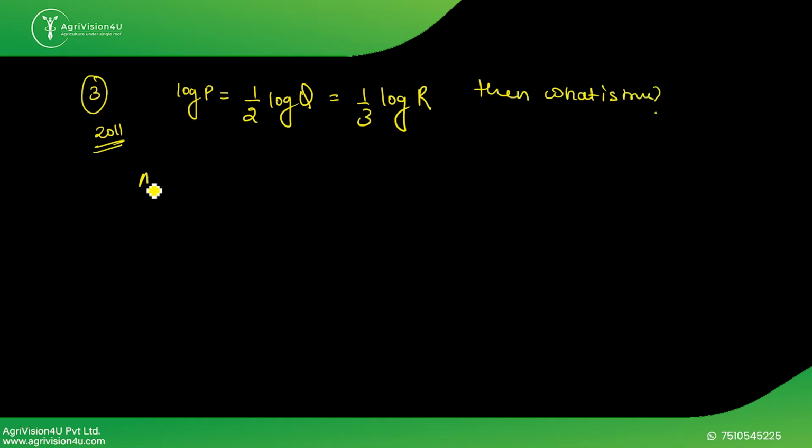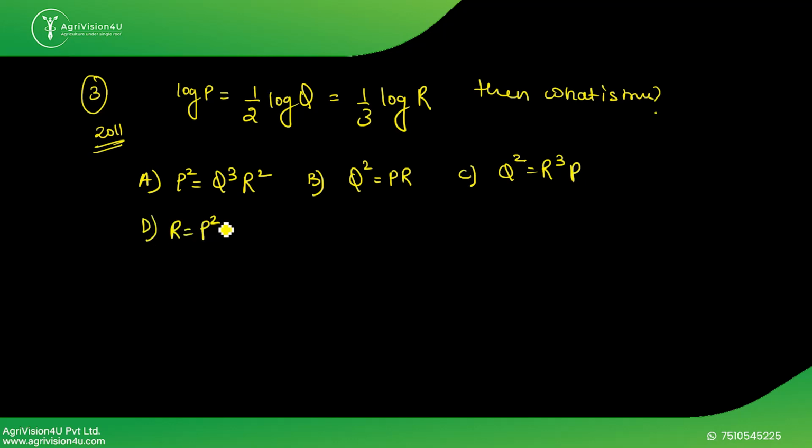Option A, P square is equal to Q cube R square. Option B, Q square is equal to PR. Option C, Q square is equal to RQP. Option D, R is equal to P square Q square. Which option is correct? If this is the case, this is the relation between P, Q, and R.